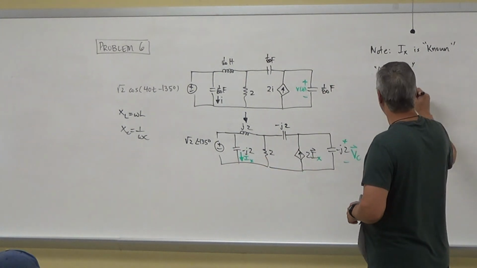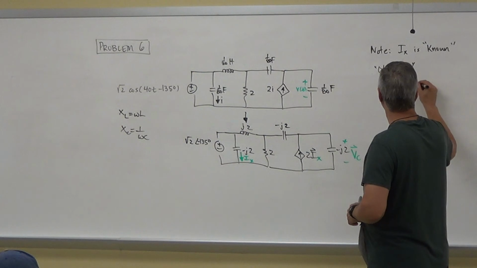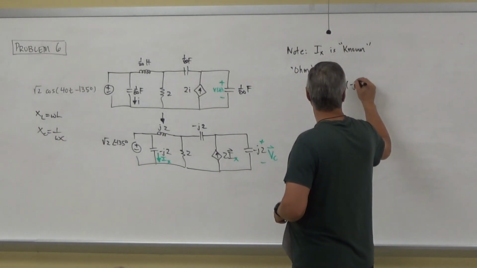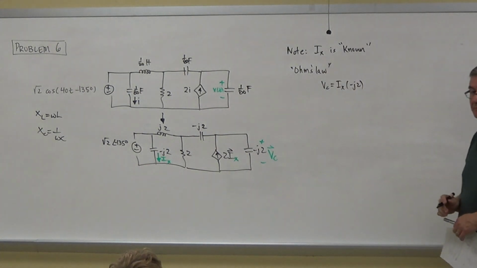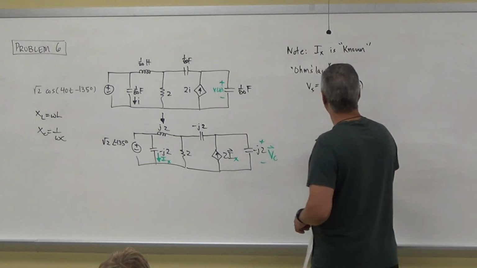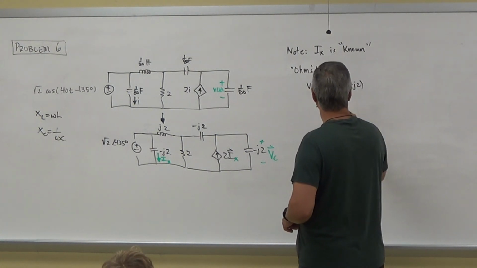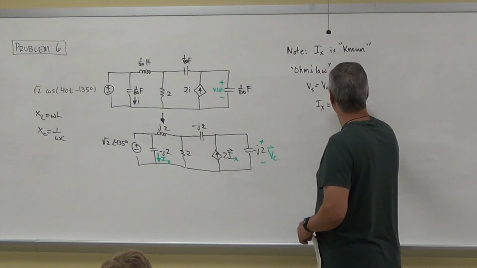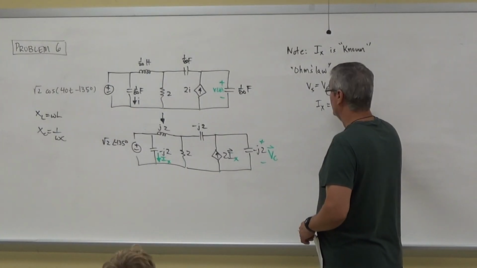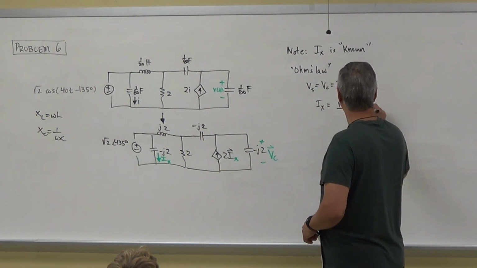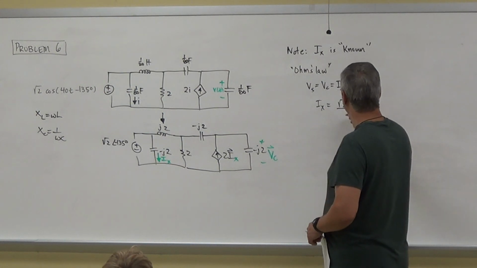So therefore, I know that the voltage across that C must be Ix times minus J2 here, which is also equal to the voltage source. So that means then Ix has to be what? Well, it's got to be that here, so it's going to be the square root of 2 times the angle of 135 divided by minus J here.